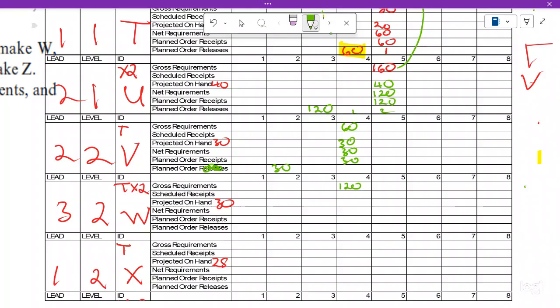Then, how much do we have on hand? We have 30. When we minus, how much are we left with? Is it 90?